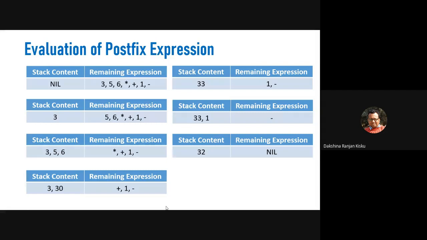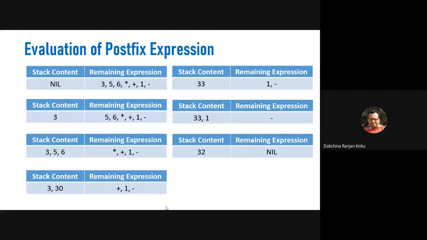When the scanning encounters this subtraction operator, the necessary operands, 33 and 1, will be popped out from the stack, and the subtraction operation will be performed between 33 and 1. After performing the subtraction, the result will be pushed into the stack. Here the result is 32, and the remaining expression becomes nil.